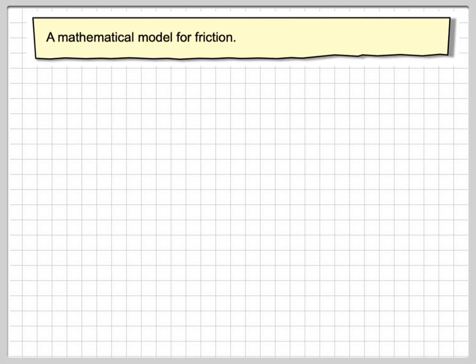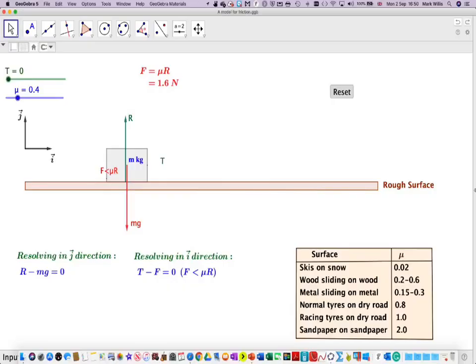So here in this GeoGebra app, we've got this block of m kilograms on a rough surface. If I'm going to move this object in this direction, then the friction is going to be in the opposite direction.